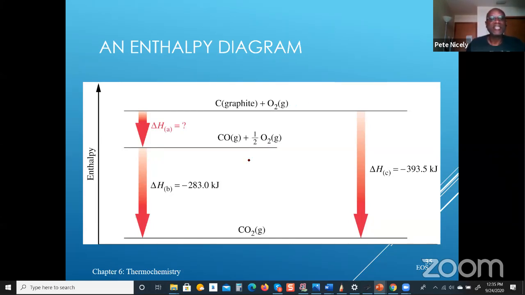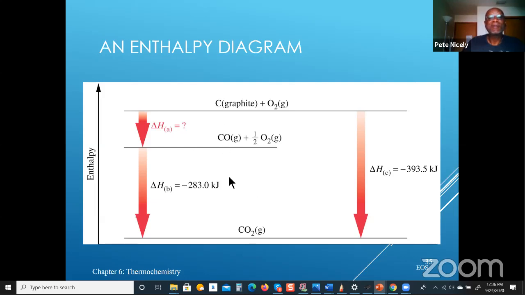Now, carbon and oxygen can form two products depending on how complete the combustion is. So you can start off with carbon and oxygen, and carbon will react with 1/2 molar equivalent of oxygen to form carbon monoxide, which is right here, all right? And then that carbon monoxide can itself react with another 1/2 molar equivalent of oxygen to form carbon dioxide, right?